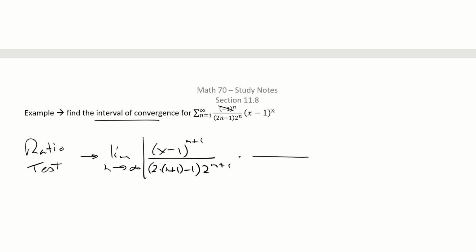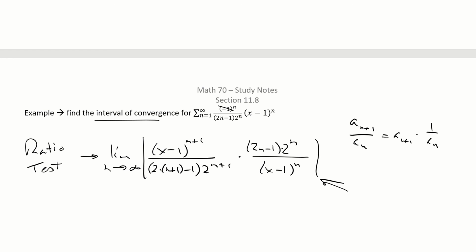Now I'm going to turn this guy over and write 2n minus 1 times 2 to the n, and downstairs would be x minus 1 to the n, because we are inverting and multiplying. a sub n plus 1 divided by a sub n is a sub n plus 1 times 1 over a sub n. We're flipping it over, and that's what we did there.